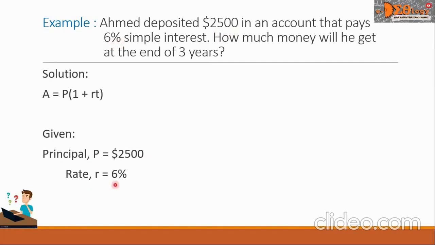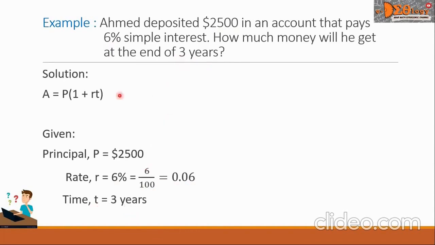Converting the 6% into decimal, we will write the 6 over 100. And the quotient of this is 0.06. It means the 6% equals 0.06 in decimals. Next is the time, denoted by T, and that is the 3 years.